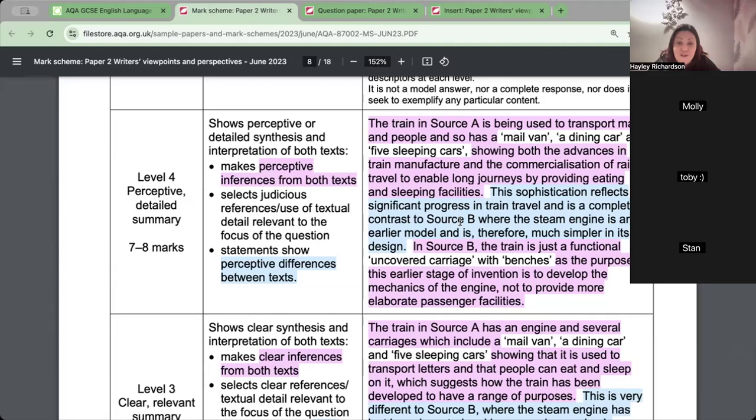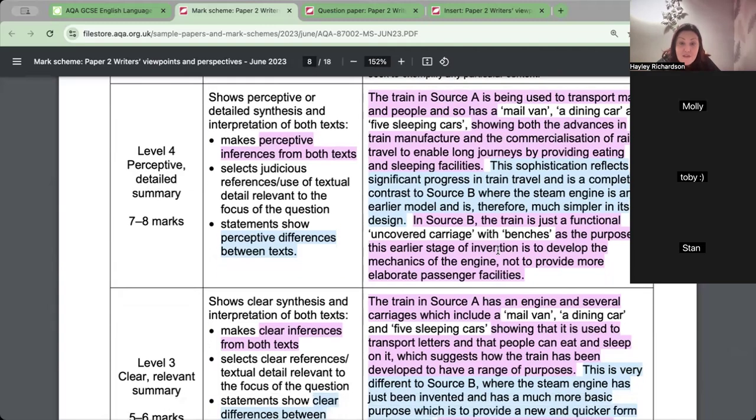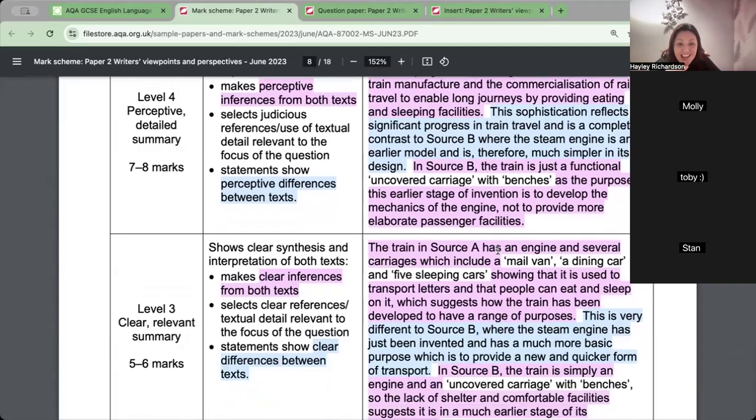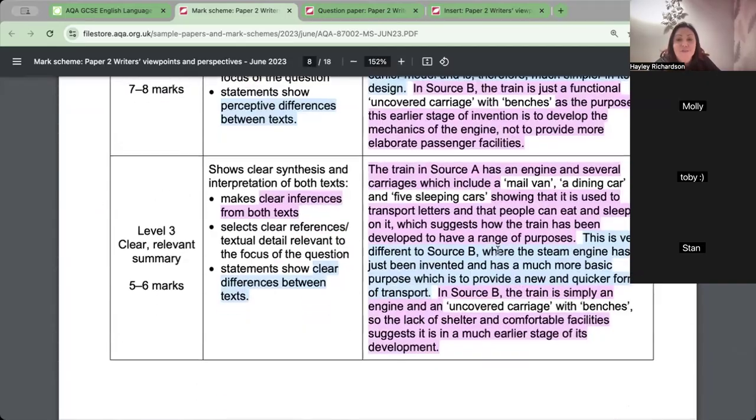It suddenly has a new function, which isn't just to deliver things or be transport, but actually to be up there for long journeys. So that addition is perceptive, to take that from it, make you think, oh yeah, actually, I thought of it like that. Okay, so that's what we're looking for.